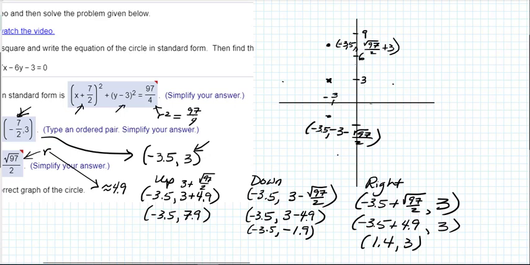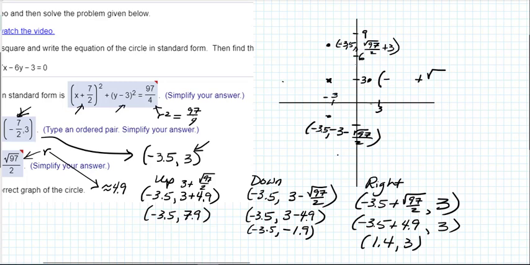So it's about halfway between 1 and 2. And we're going to go up to 3. So this is going to be the pair of coordinates. It's about 1.4, but again, we have to write the exact value, which is negative 3.5 plus, actually even better, is the fraction notation.